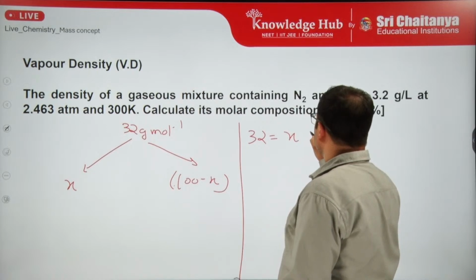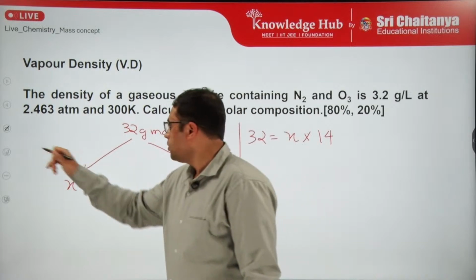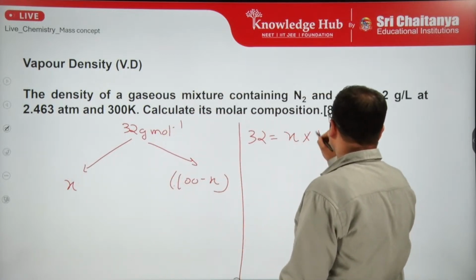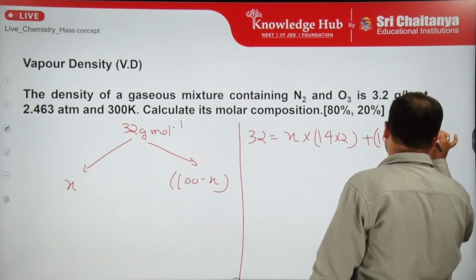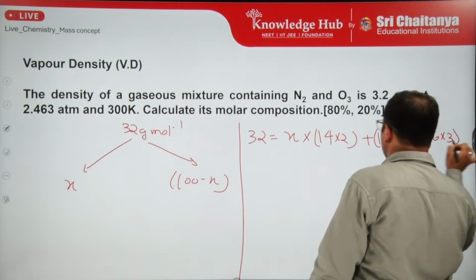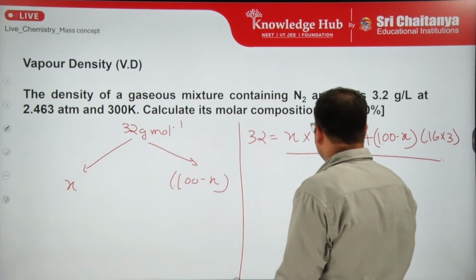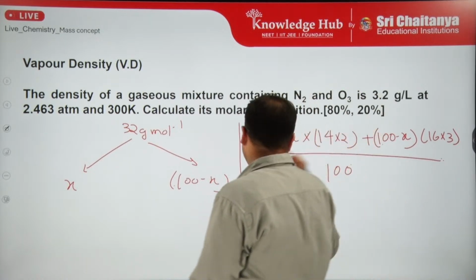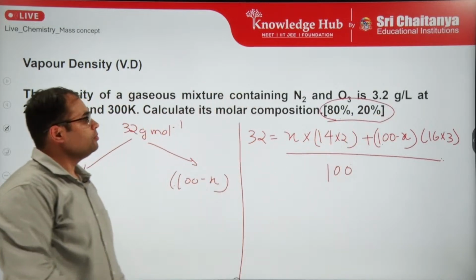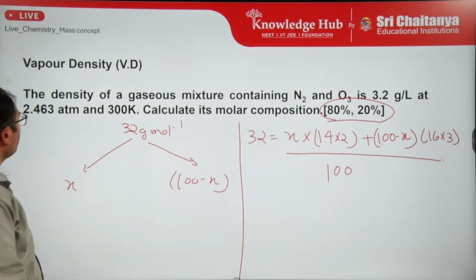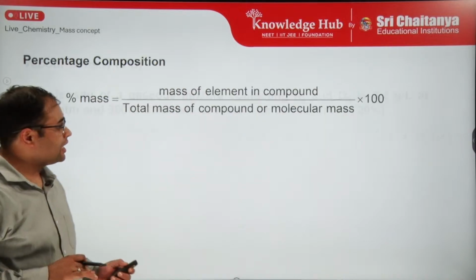Multiply the percentages with molar mass of nitrogen, which comes out to be 14 into 2, plus molar mass of oxygen, divided by 100. Solve this equation out, you will get the values as 80 and 20 percentages. So this is how you apply the concept of vapor density. So this was the last concept for today's class, right?